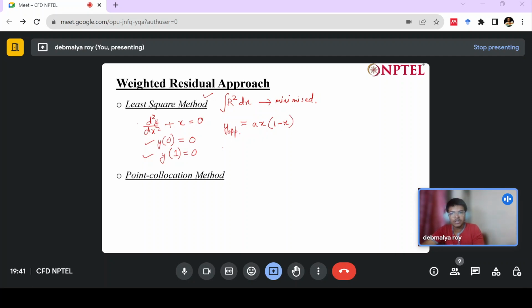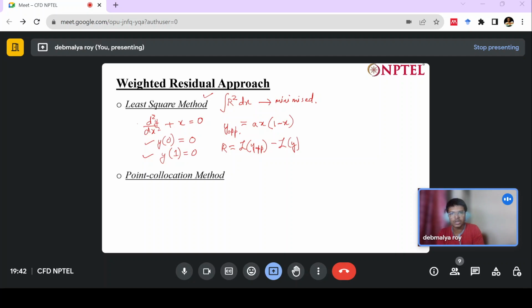What will be the residual? The residual is the operator of y approximate minus the actual one. The actual one is 0 anyway. What about this? This we can put here. So we need to find d2y dx2 for this. Can someone please find this out? Only one term will remain here.